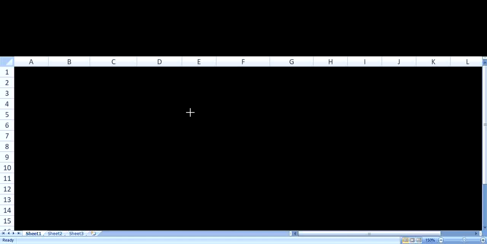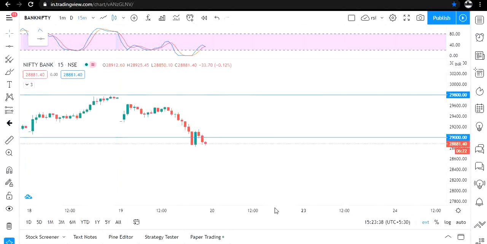So I am opening my Excel sheet in which we made our paper trade. Okay traders, so it's taking time. There is some technical glitch, traders, sorry for that.